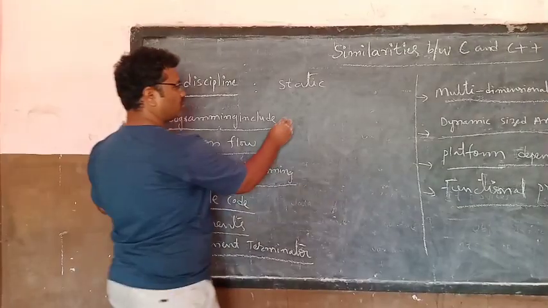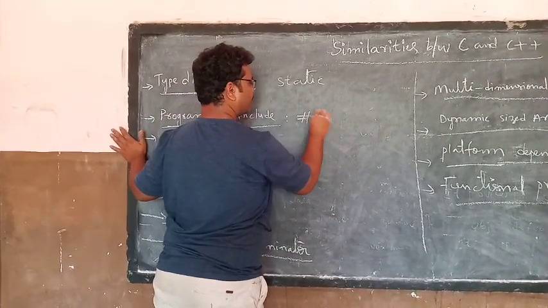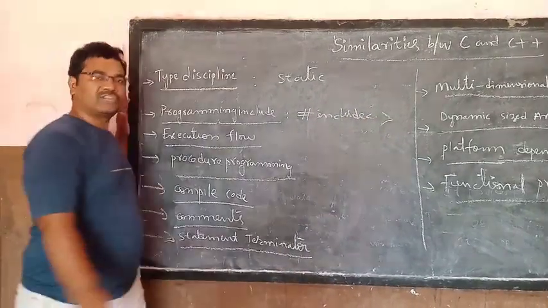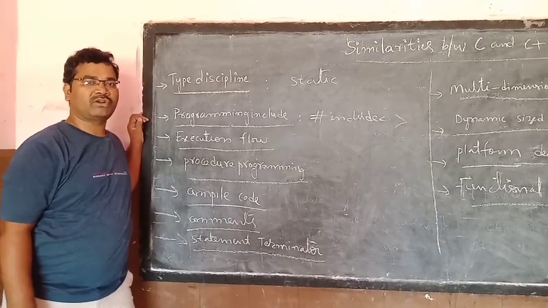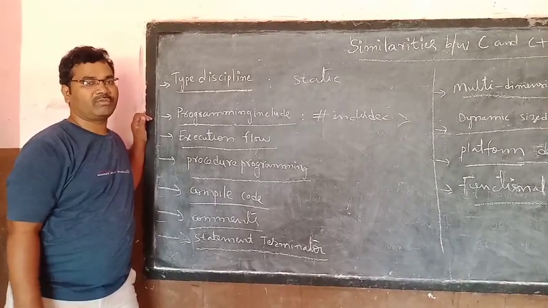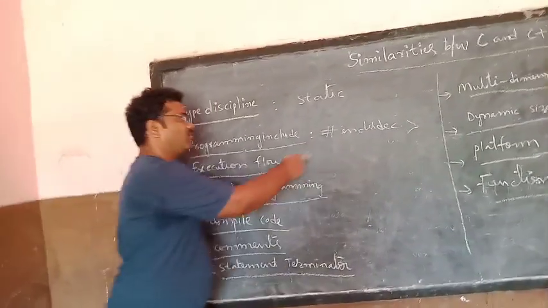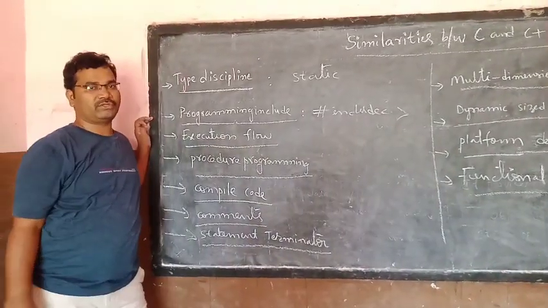Both C and C++ make use of #include with stdio.h, conio.h or iostream.h header files. If you want to include the files, every programmer needs to make use of include macros.